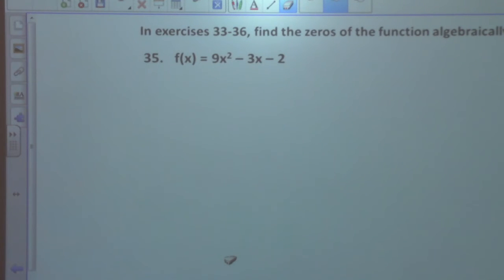Which should be similar to 34, I believe. Okay, let's get another victim.